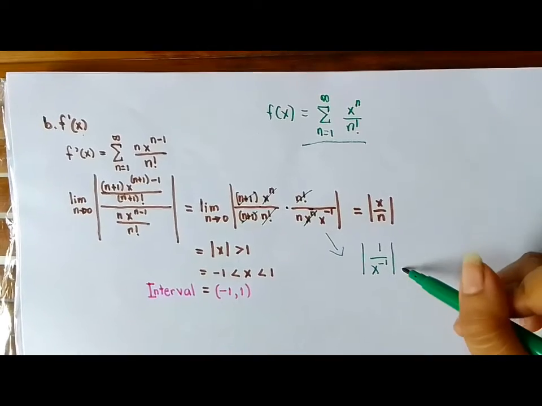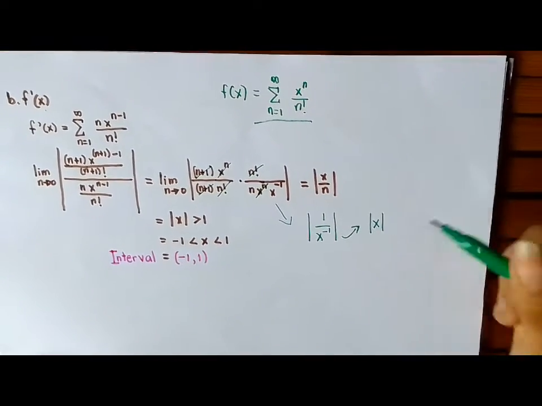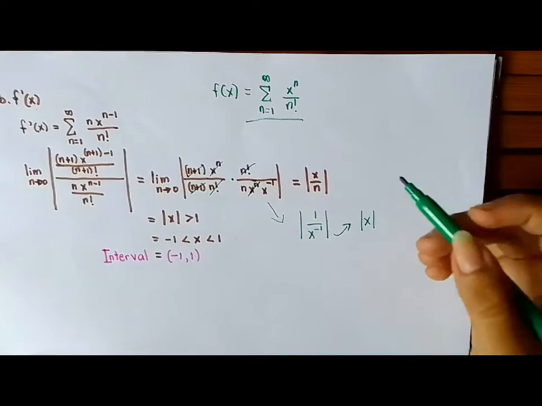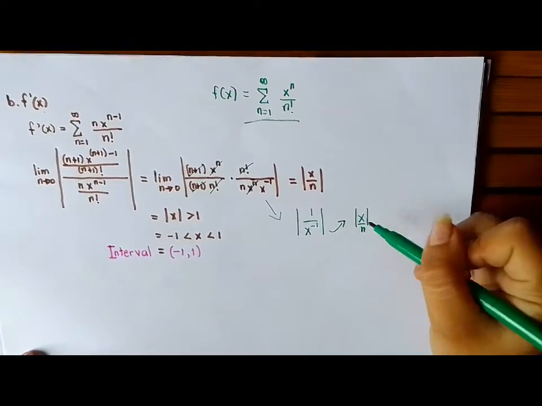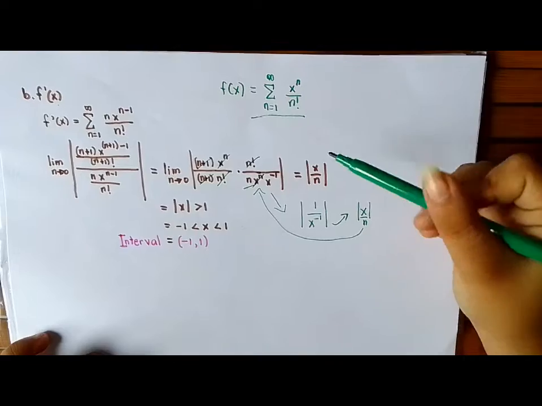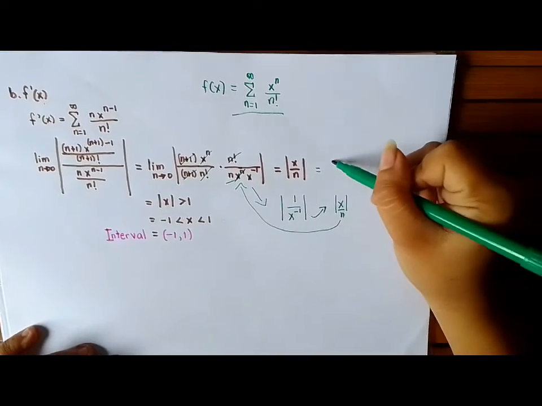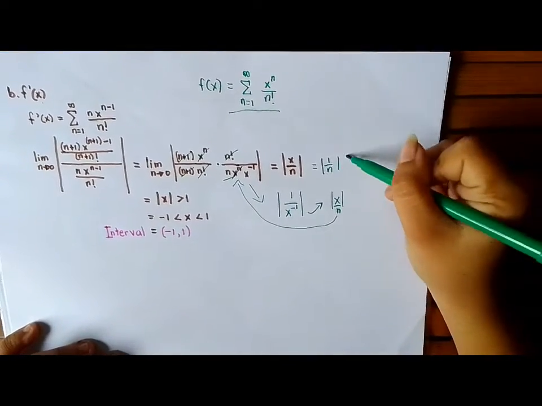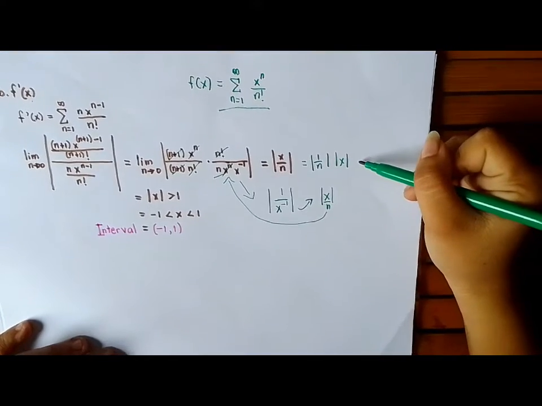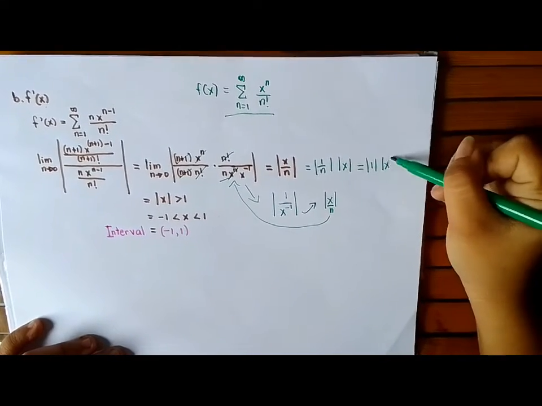It becomes the absolute value of x over n, because we will have n here. Then we have the absolute value of x over n. This will also equal 1 over n times x, or 1 times x.